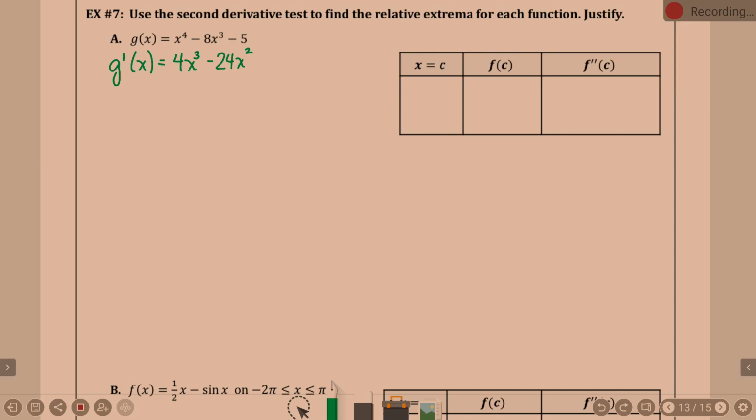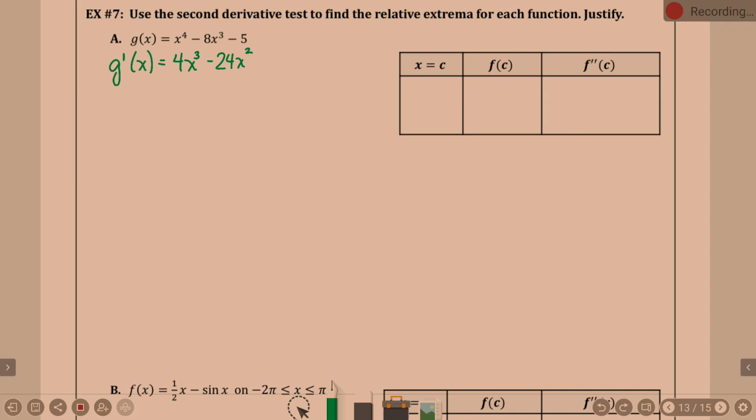Before I move on, I was going to go ahead and get the critical points from the first derivative.